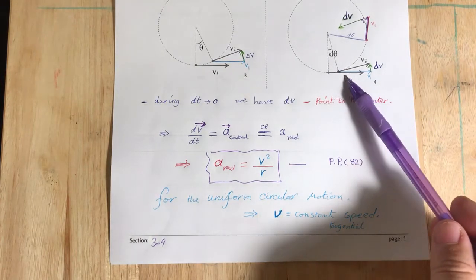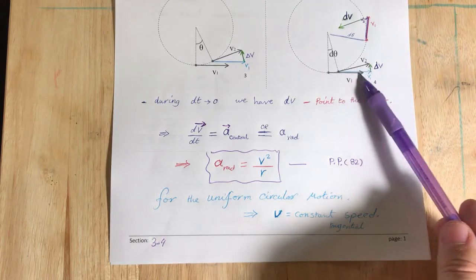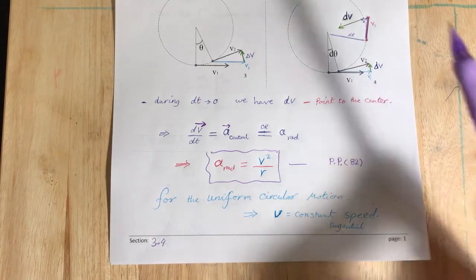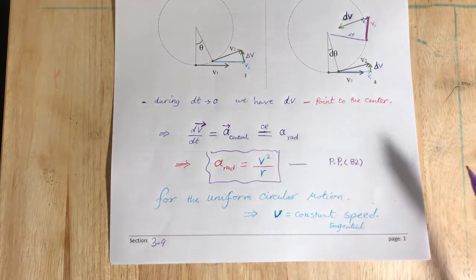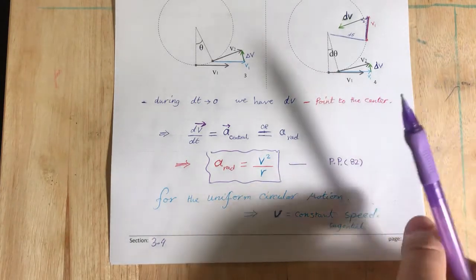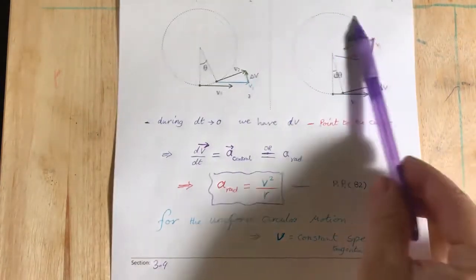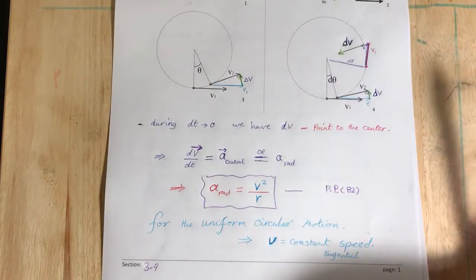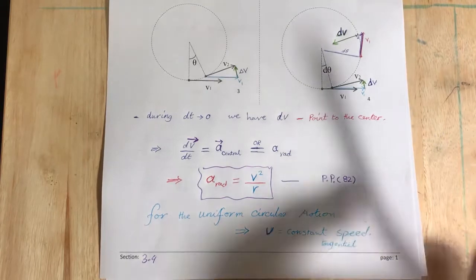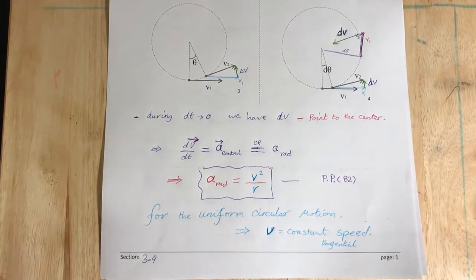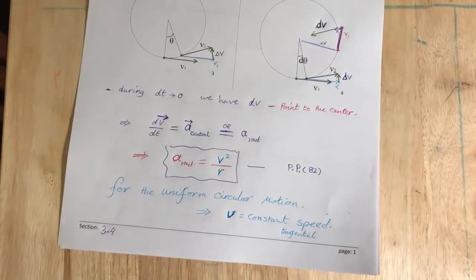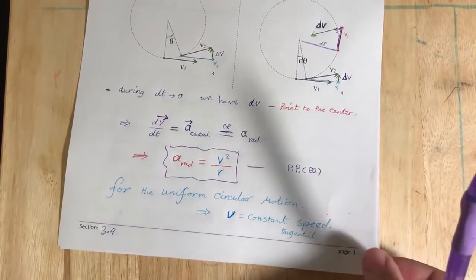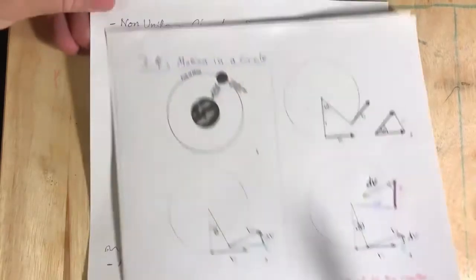Now the speed is the same, but the direction of the velocity is changing, and for that we have acceleration. Because the speed is the same around this circle, we call this motion uniform circular motion. We have non-uniform circular motion when the speed is changing. For constant speed we have uniform motion.